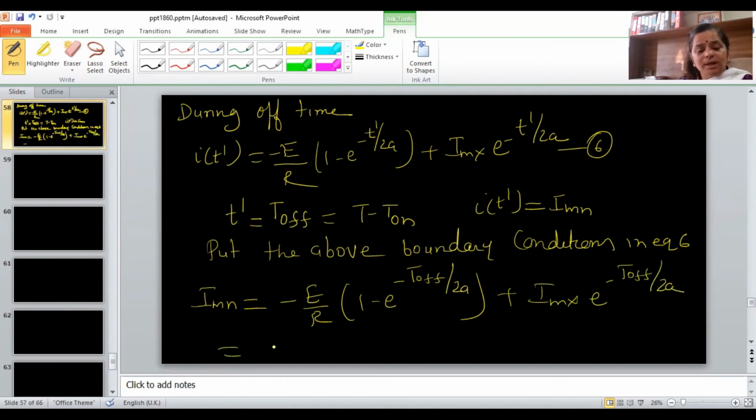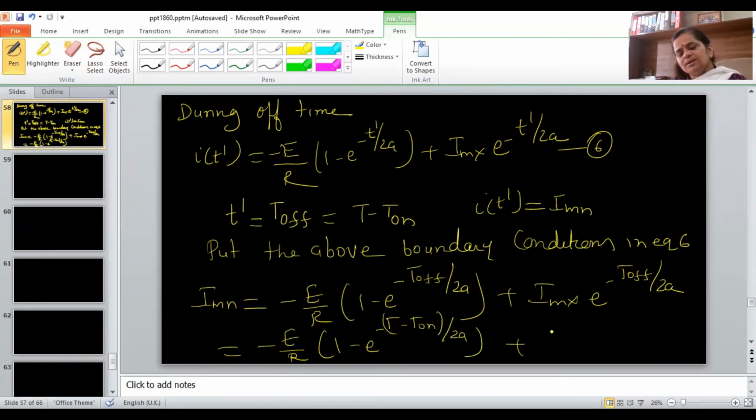T off I can write as T minus TON. So I can further rewrite this as e to the power minus (T minus TON) by TOA plus I max e to the power minus (T minus TON) by TOA. Okay, so this is equal to I minimum.